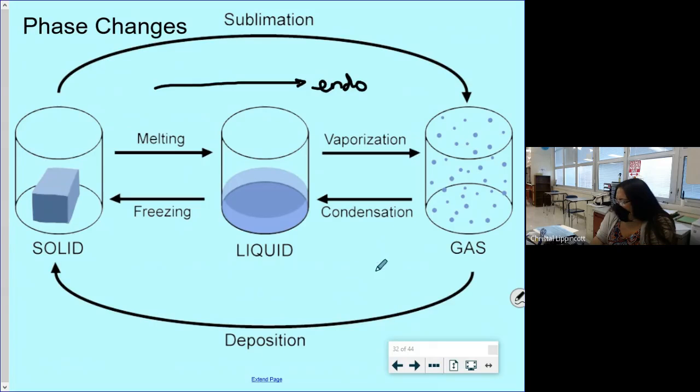And if I go back the other direction, this would be exothermic.